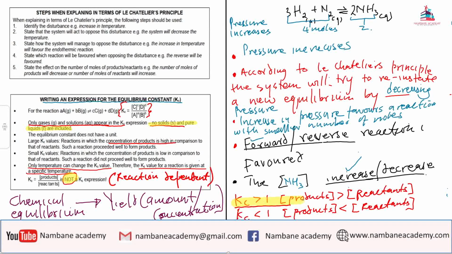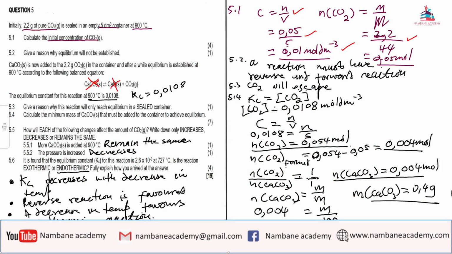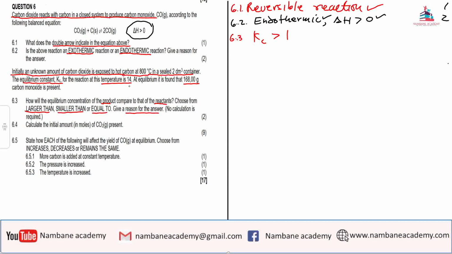If Kc is greater than 1, it means the concentration of the products is greater than that of the reactants. So we are told that the Kc is greater than 1 because it's 14, then one can easily, with a high level of confidence, say the correct answer here must be larger than.